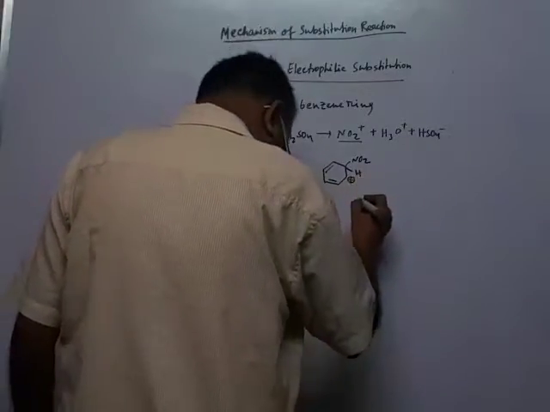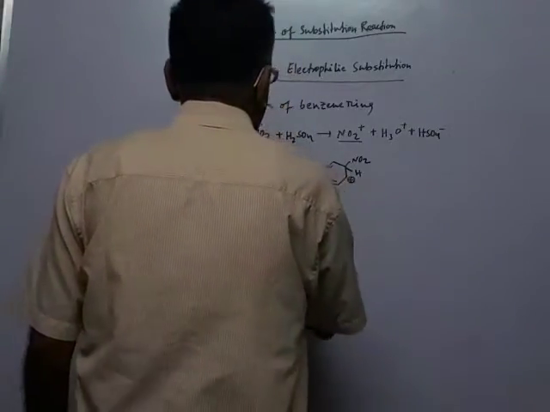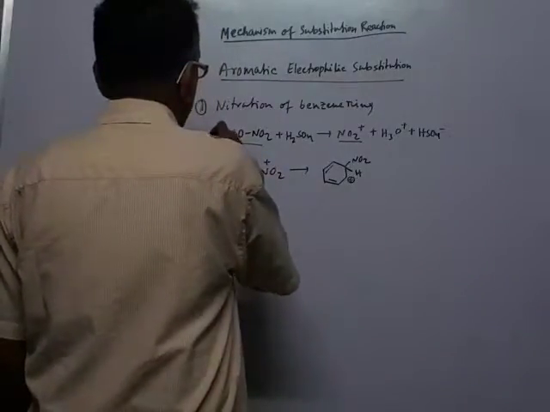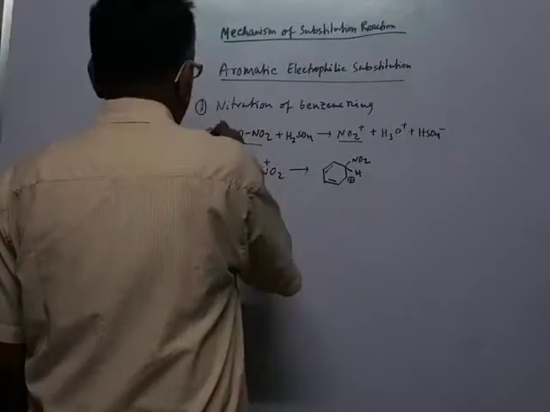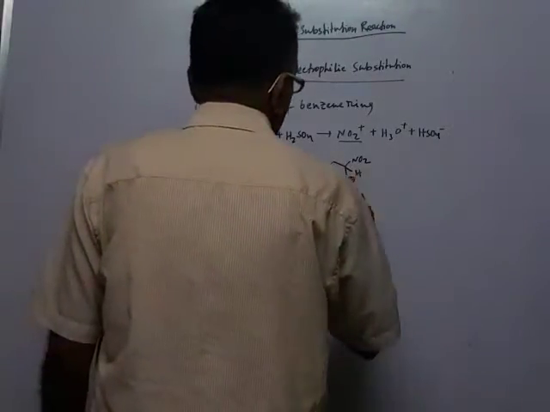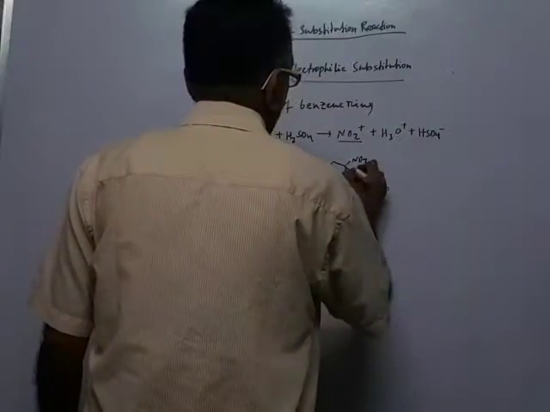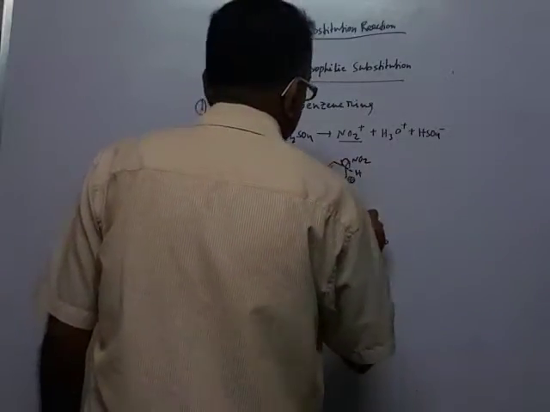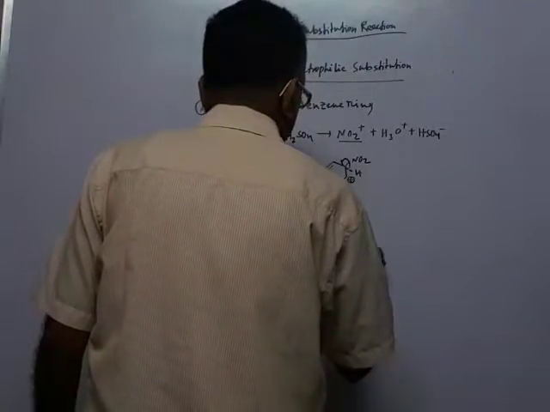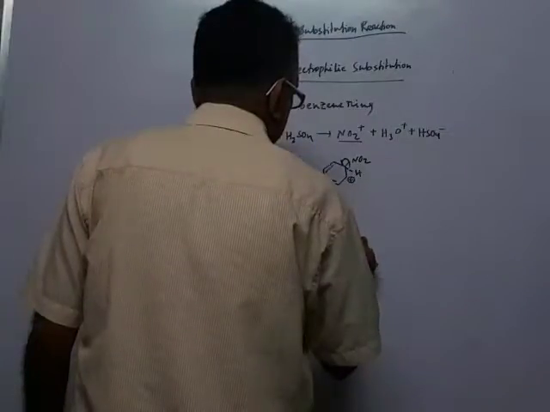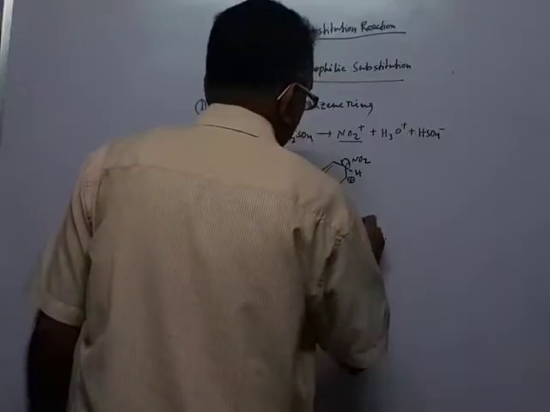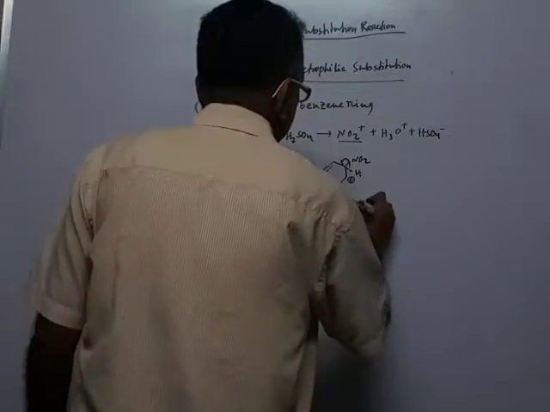This is the step 1, suppose, and this is the step 2 where electrophilic attack is taking place, and from here this proton is eliminated, and then we are getting nitrobenzene. So this is the step 3.